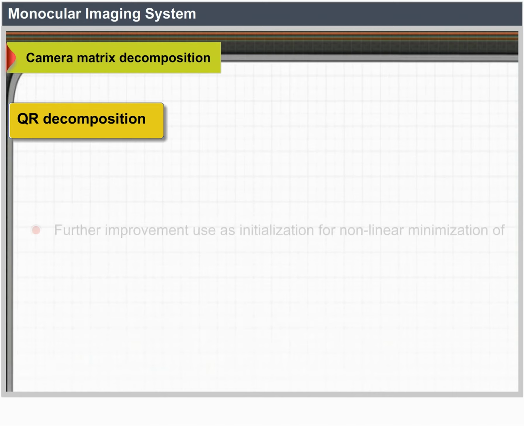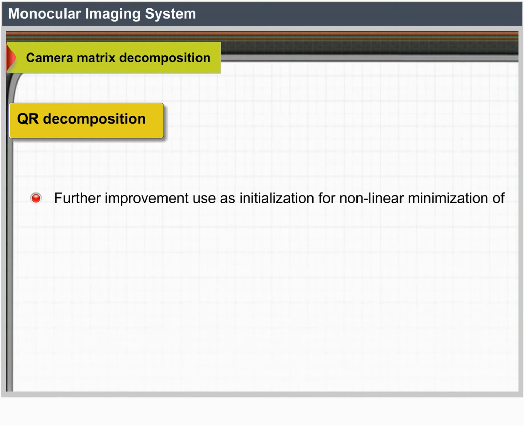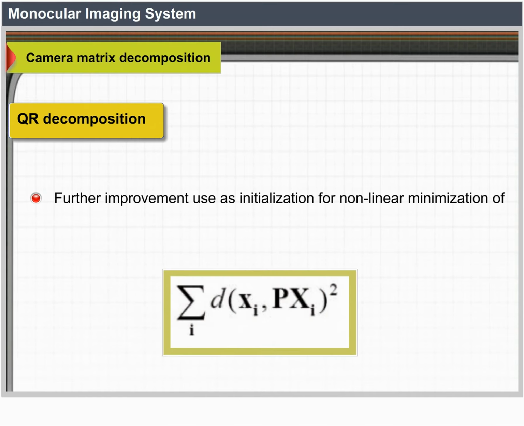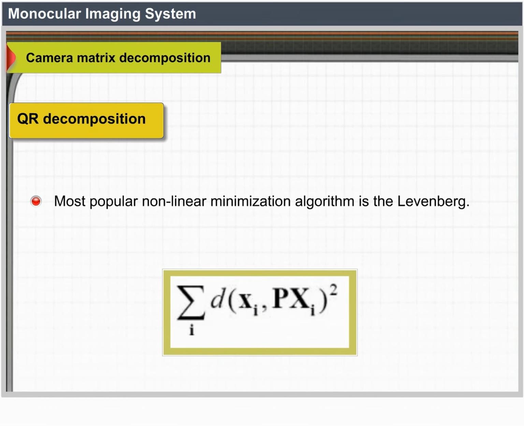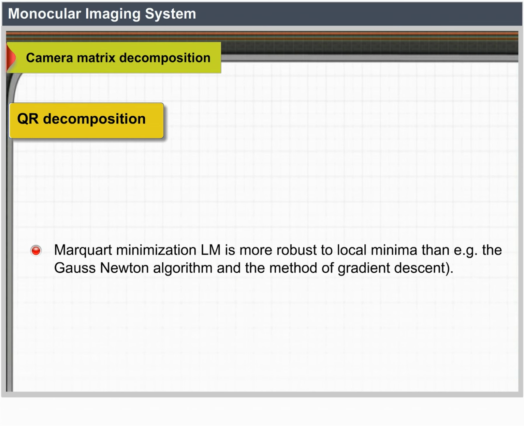For further improvement, use this as initialization for nonlinear minimization of the sum over i of d(xi, P Xi) squared. The most popular nonlinear minimization algorithm is Levenberg-Marquardt. LM is more robust to local minima than, for example, the Gauss-Newton algorithm and the method of gradient descent.